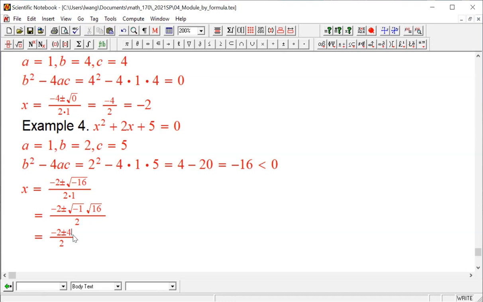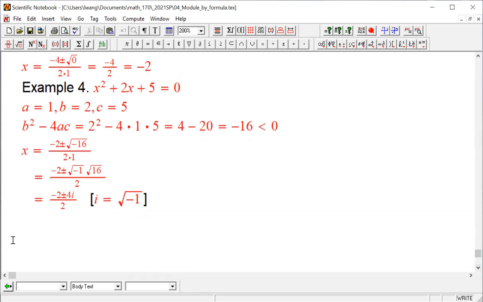Just in case you forgot, i is equal to the square root of negative 1, the imaginary number unit.